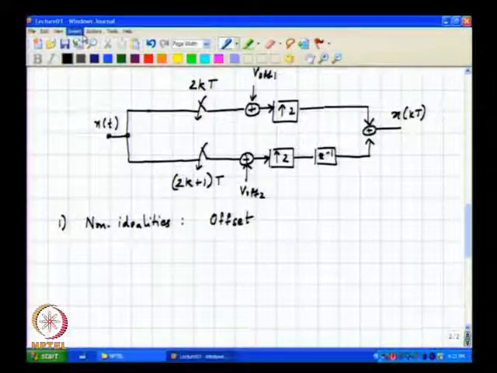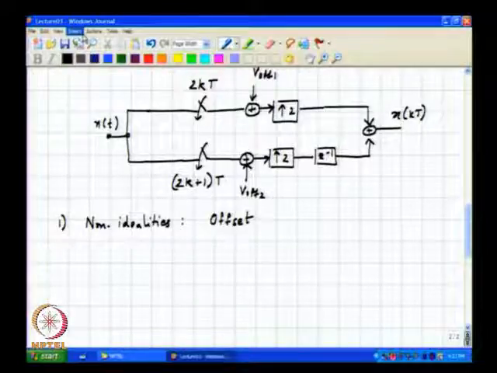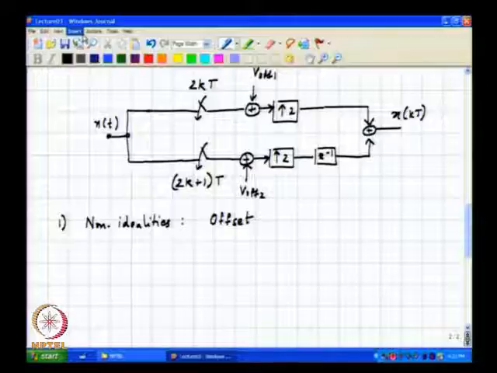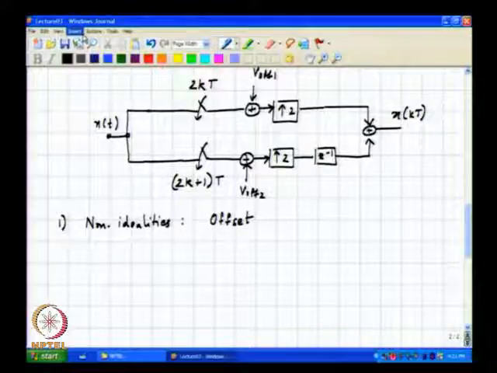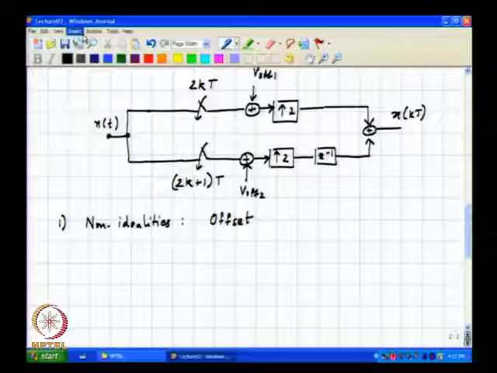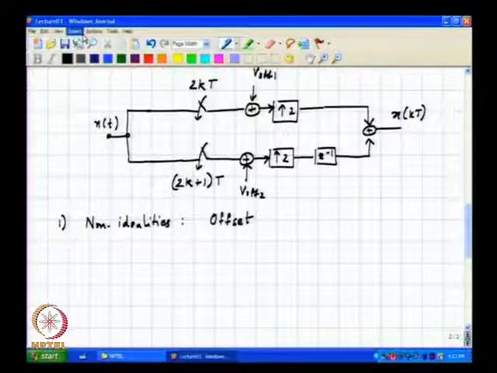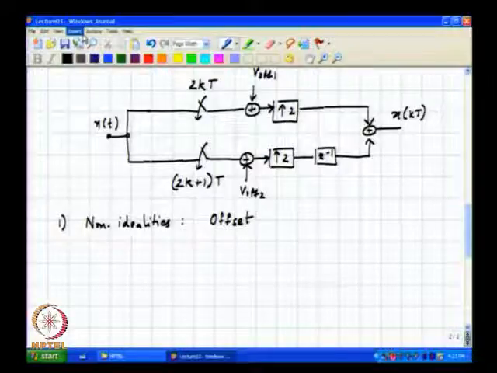Now, let us try and understand intuitively what we should expect for the output sequence if each of these channels had different offsets. Or before that, let us figure out what happens when they have the same offset.